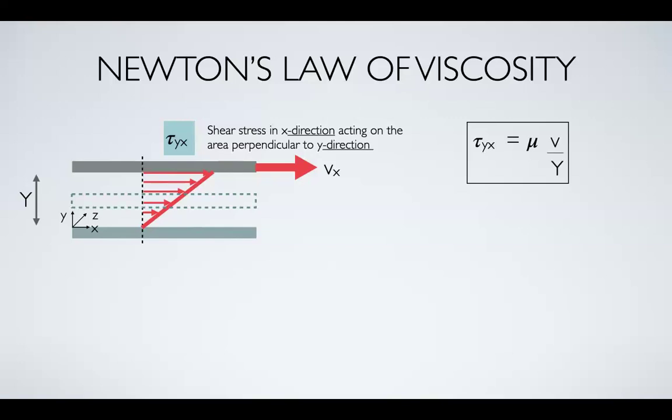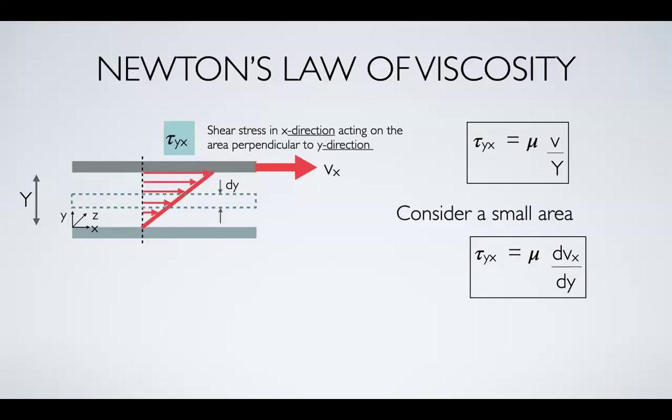If we consider only the tiny area that I circled, we can rewrite the equation as tau yx equal to mu dvx by dy, which is the velocity change in the x direction with respect to y, because we're considering the small area that I circled.